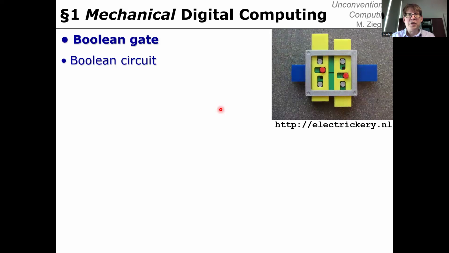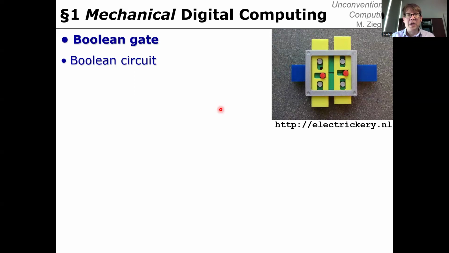And this was the third gate. And I asked you to try to figure out what kind of Boolean gate that is. So let's see, when both input signals are 0, then the blue bar moves out, output is 1. If one input signal is 1 and the other 0, no output. Same here.